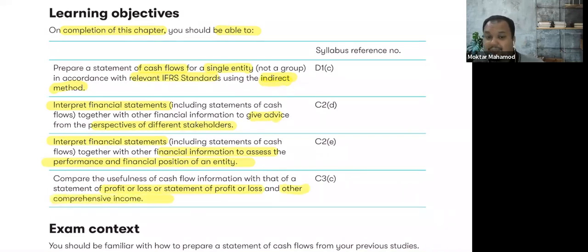For example, the company has huge revenue, say 1 billion for that particular year, but they can only get cash of, let's say, 30% from the 1 billion sales. So it may not be good, and then how to improve the performance.